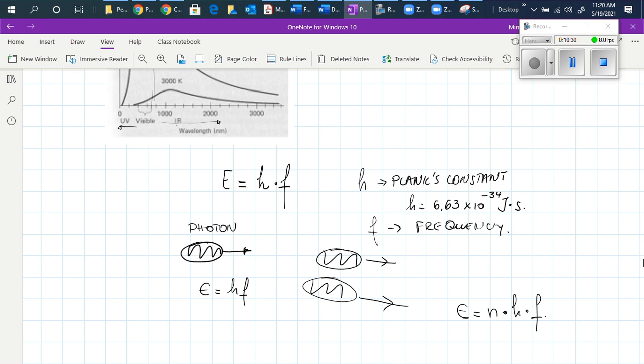For many years, Planck himself resisted accepting this. However, this was the start of what we now know as quantum physics.